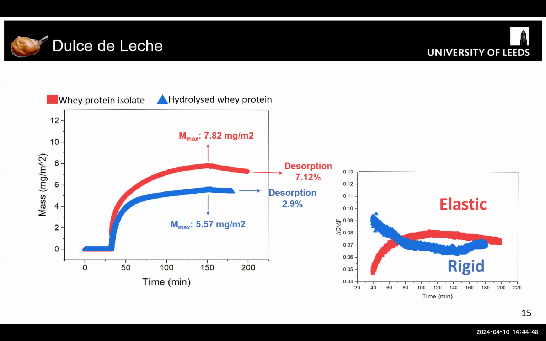What we notice is that the whey protein isolate adsorbs more onto the surfaces, but after we rinse it with some buffer, the rate of desorption is way bigger than for the hydrolyzed whey protein. Also, using different models, we can see the nature of the film. In the case of hydrolyzed whey protein, it forms a very rigid film on the surface.